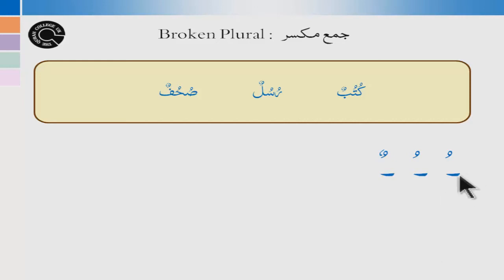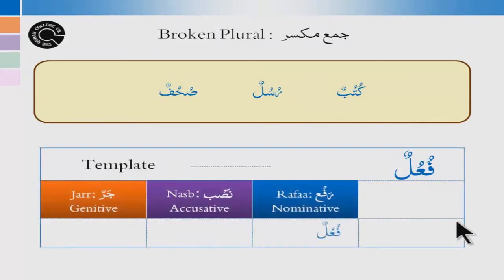So you have got all three spaces empty. You have to replace it with the standard letters, that is fa, fu, lun, that is fu'ulun. And now join it together, that would be fu'ulun, and that is in rafa, so you can take it to fu'ulan and fu'ulin.